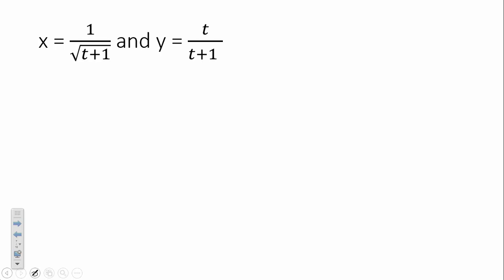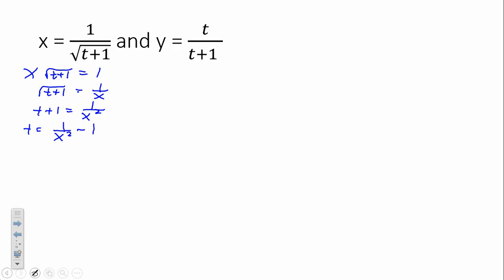If we work with this first one, x times the square root of t plus 1 is equal to 1, right? So the square root of t plus 1 is 1 over x. Square both sides. T plus 1 is 1 squared over x squared. And so t is equal to 1 over x squared minus 1. Okay?